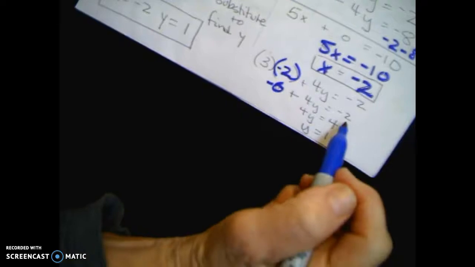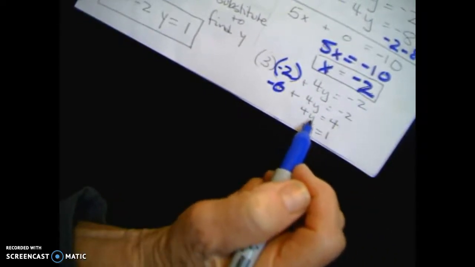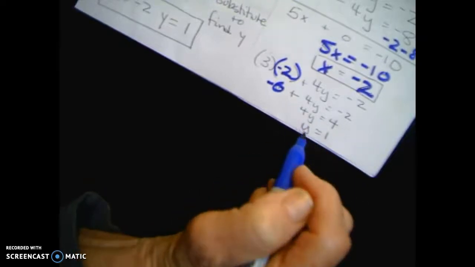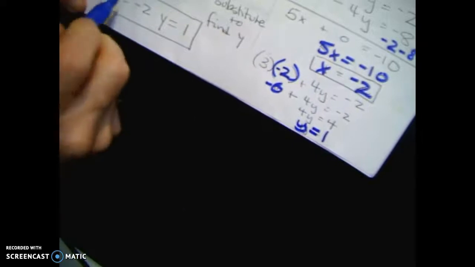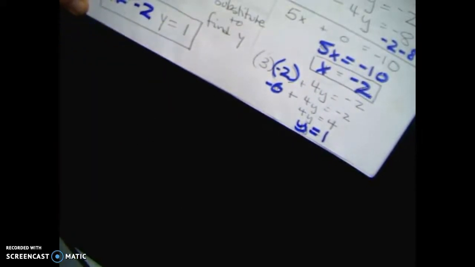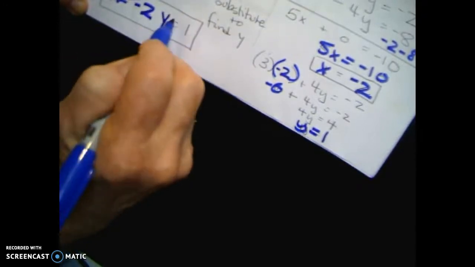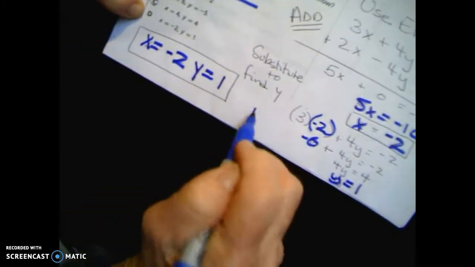When I add 6 to -2, I get 4, and I get 4y equals 4. y has to equal 1. My pair then is x equals -2, and y equals 1. Just make sure you can see that. And the correct answer is D.